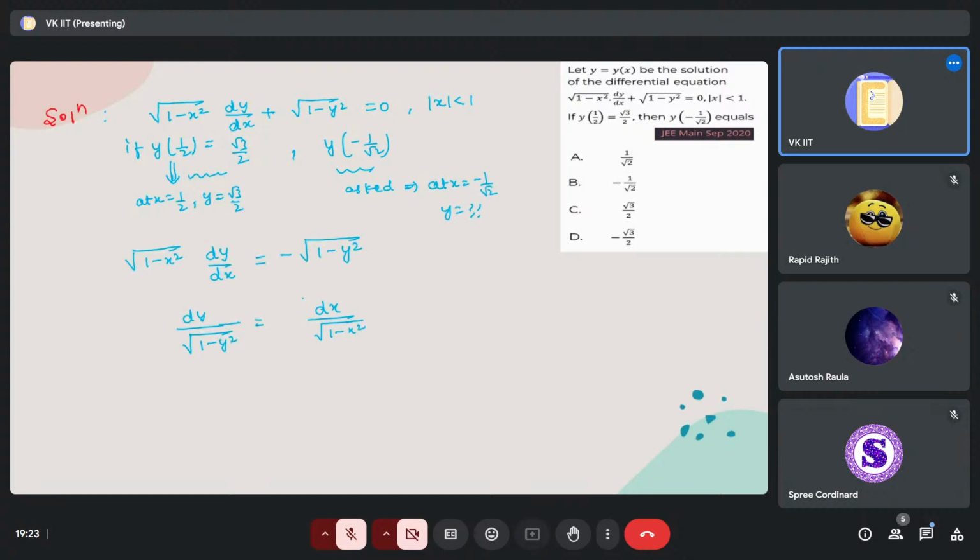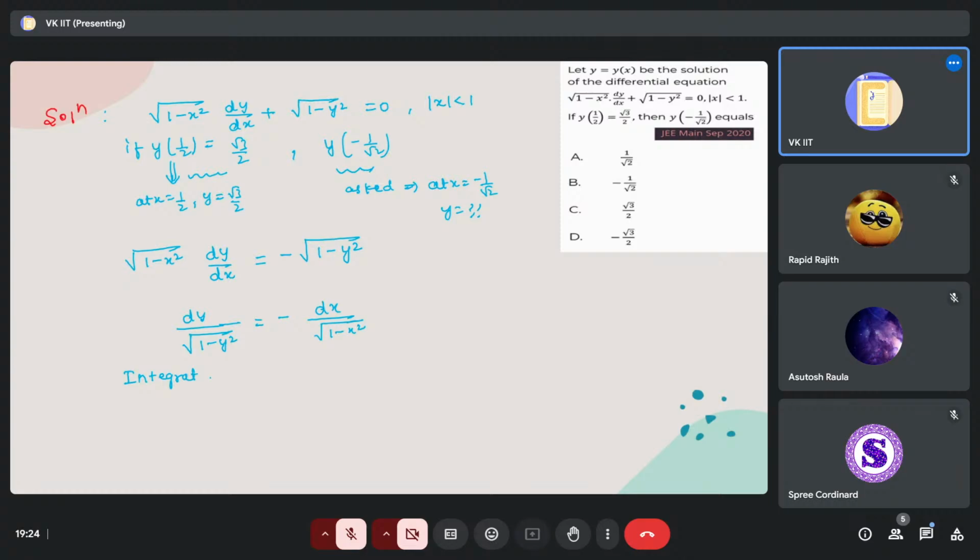Integration we have not done yet. So this is the equation we are getting, and the next step is to integrate. As soon as you do the integration, it will become the integral of dy upon under root of 1 minus y square is equal to minus the integral of dx upon under root of 1 minus x square. And after integrating, you will get a constant here.